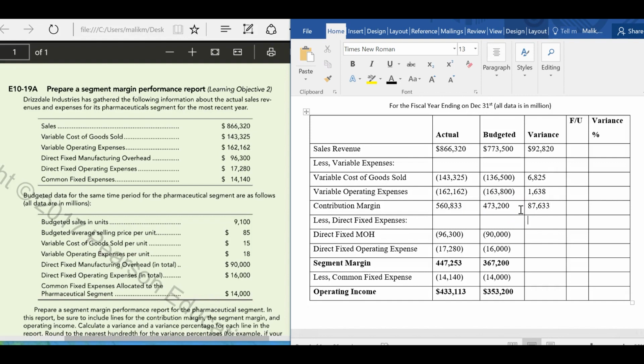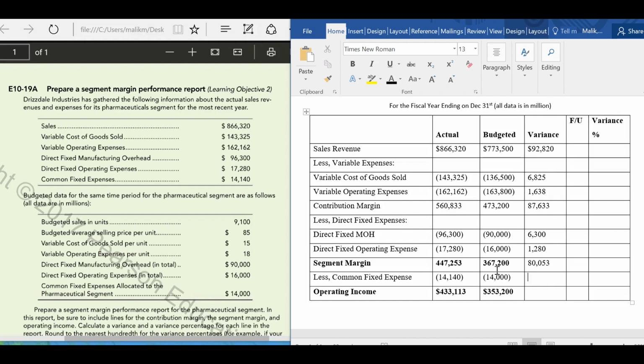Now let's take the direct fixed expense difference. It's simple, you can see from here, it's 6,300. And if you take the difference between the actual and budgeted for this direct fixed operating expense, I found 1,280. And the segment margin difference I found is 80,053.